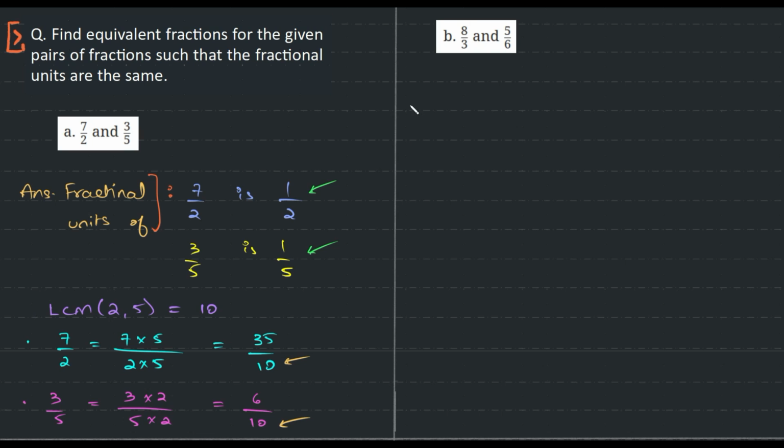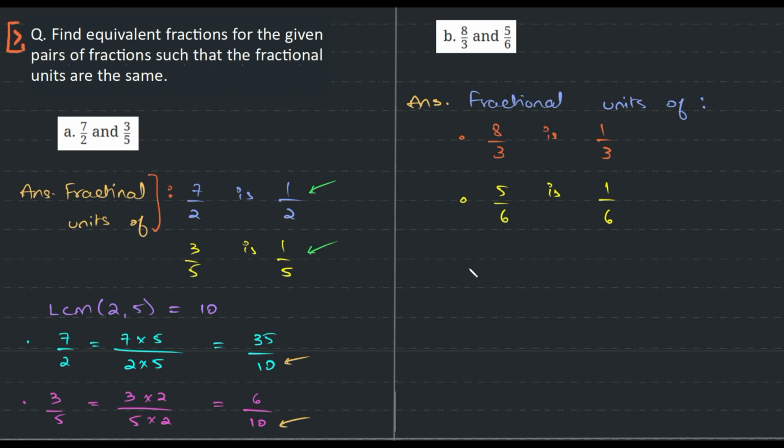Now I would like you guys to pause and figure out the next question. First thing is, fractional units of 8 by 3 is how much? Correct, 1 by 3. And that of 5 by 6 is correct, 1 by 6.